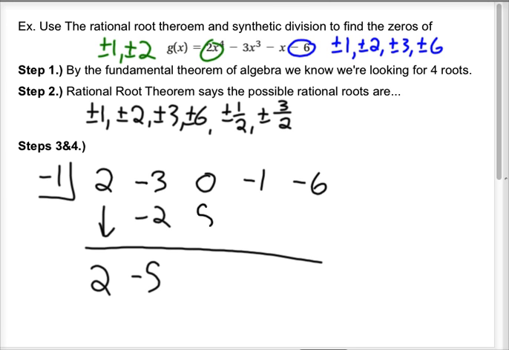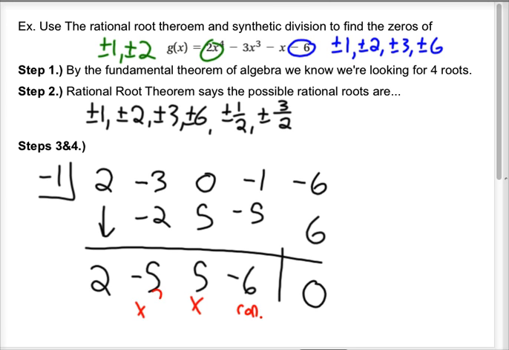Add, multiply by -1. Add, multiply by -1. Add, multiply by -1. Finally add, and there we have a remainder of 0, constant of 6, x of 5, x squared of -5, x cubed of 2. So I'm going to put -1 in my list of actual roots.